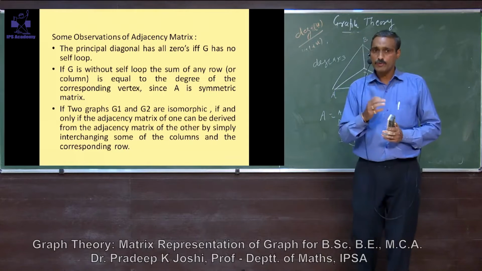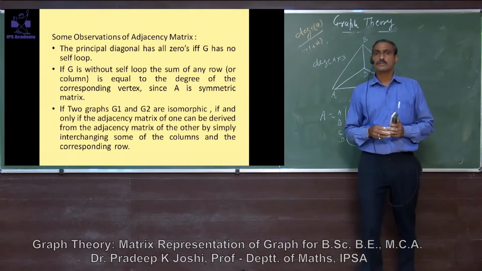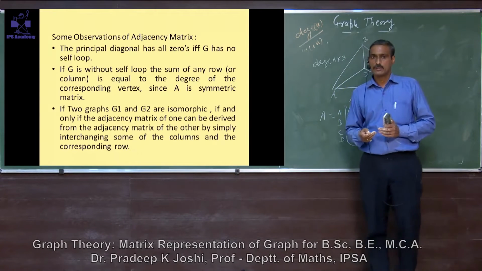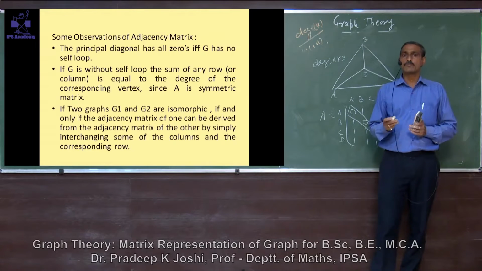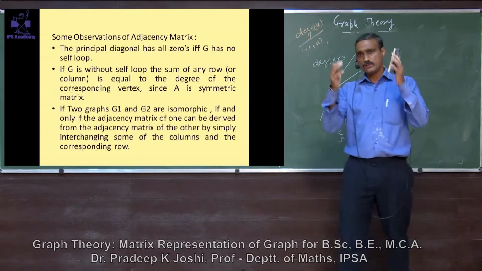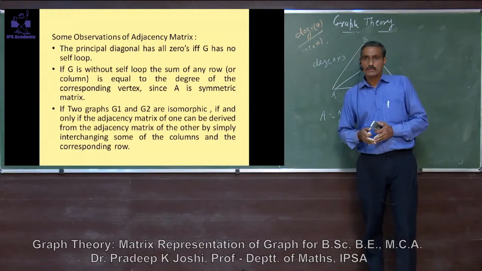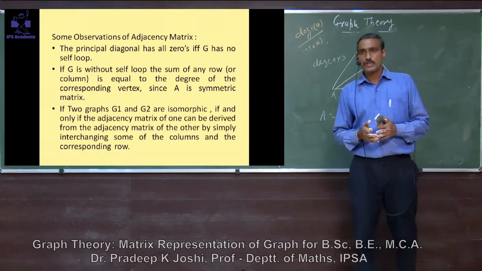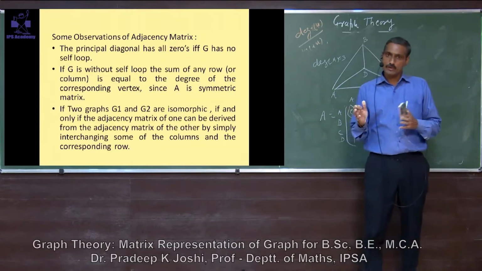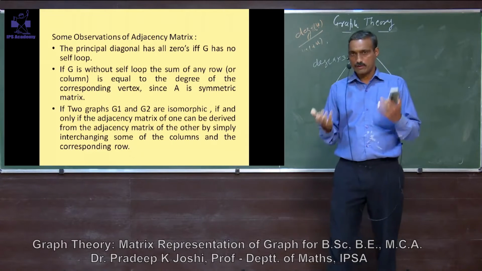Two graphs G1 and G2 are isomorphic if and only if the adjacency matrix of one can be derived from the adjacency matrix of the other by simply interchanging some of the columns and the corresponding rows. That means to test whether G1 and G2 are isomorphic, first find the adjacency matrix of both graphs, and if they are similar, then we say both graphs are isomorphic.